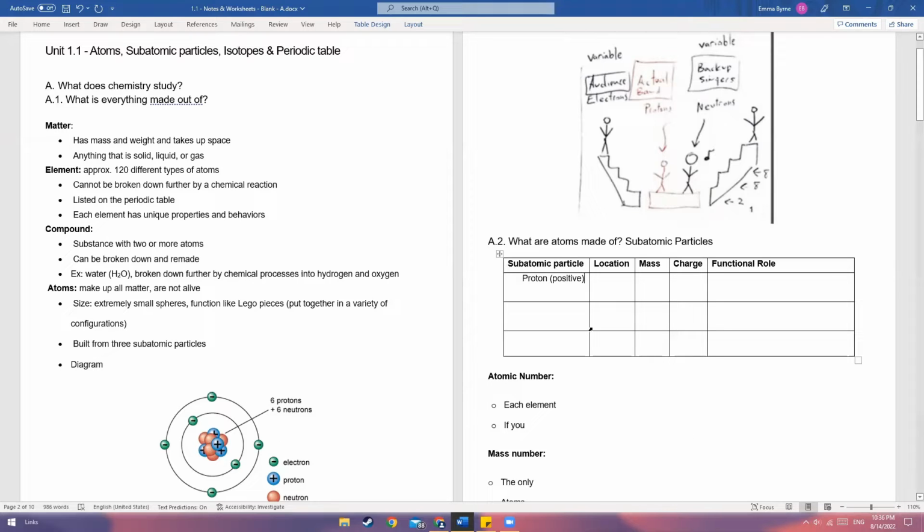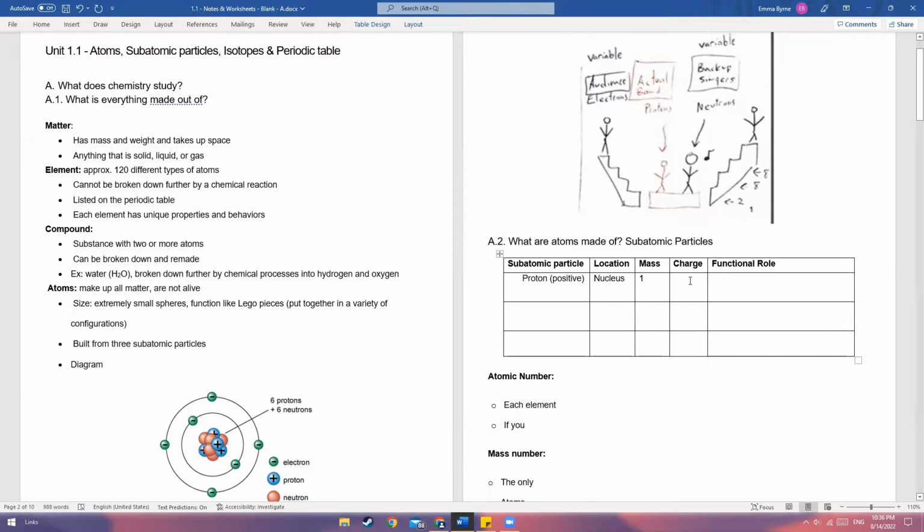If you look back at this diagram, the location of the proton is in the nucleus. And there's kind of a funky naming system that chemists use to designate the mass of a proton, but it's essentially one atomic mass unit. So we just say it's 1 unit of mass.